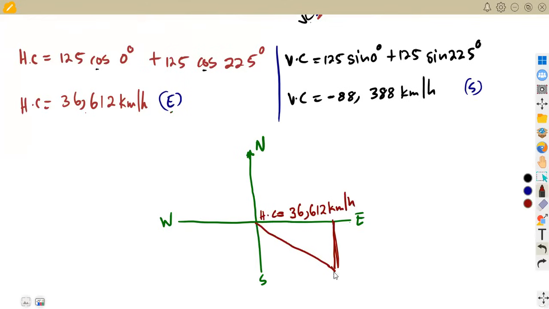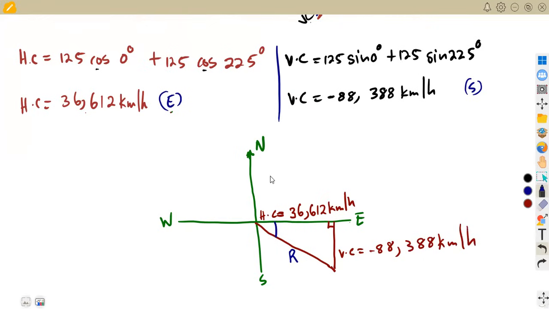And this is the vertical line, our vertical component of negative 88.388 kilometers per hour. So that's it. You calculate the resultant, which is the velocity, and the direction.